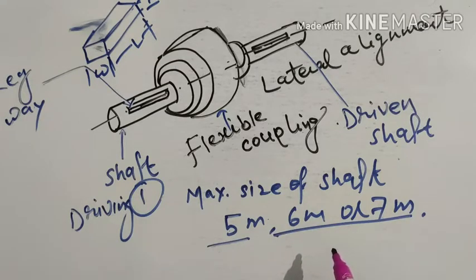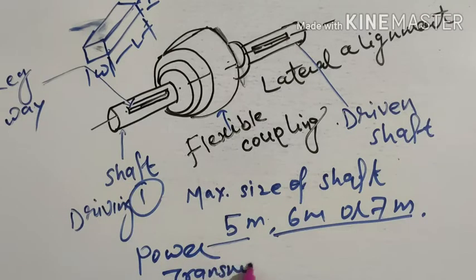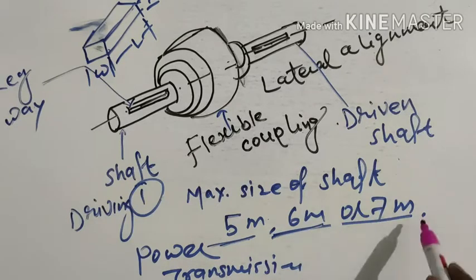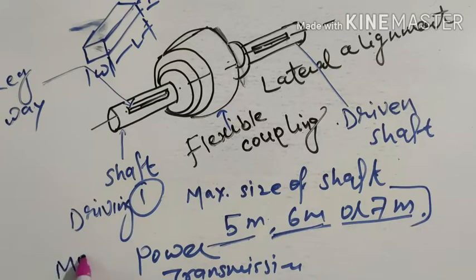I can define it in a different way. If we have a shaft, we have a requirement of power transmission with this length of the shaft. This is enough for moderate applications, normal workshops, or normal power plants.